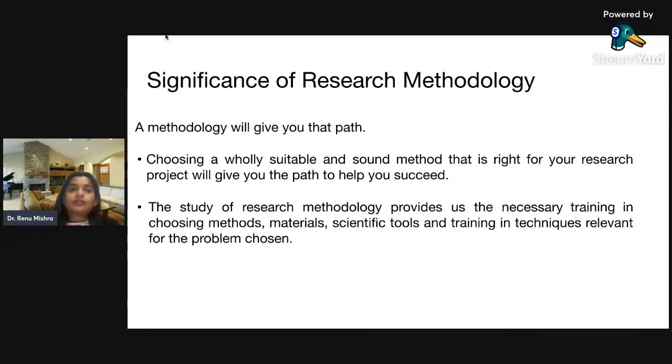So, significance of research methodology: I think by now you all must have understood that it briefs how the particular research objectives and research questions are being answered, and what kind of research tools and techniques are being used. Let's say you are having a viva, or questions about your research methodology, or you have got feedback about it from any publisher or any editor of a journal.